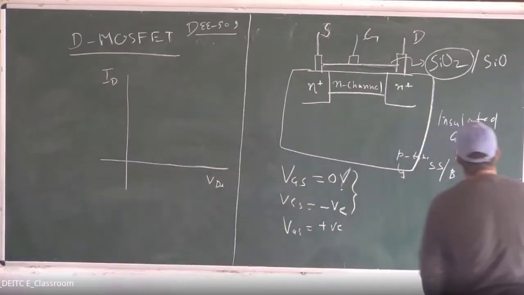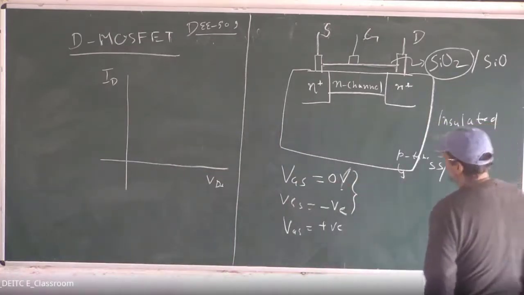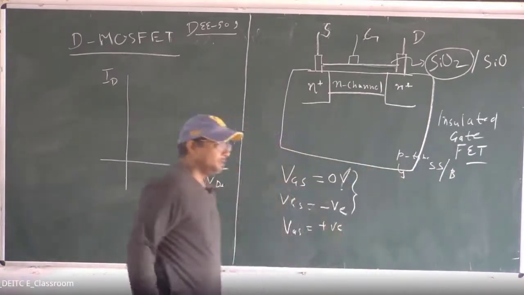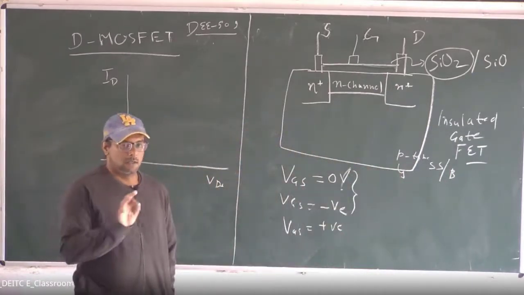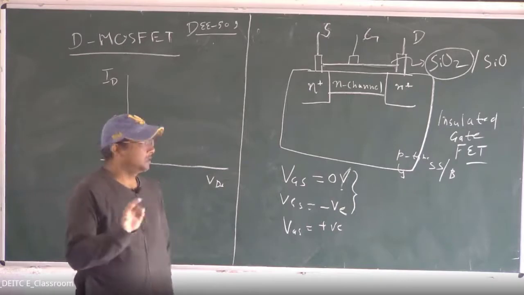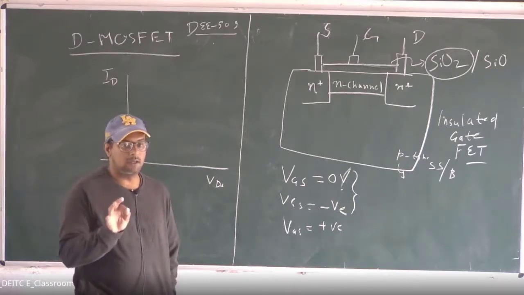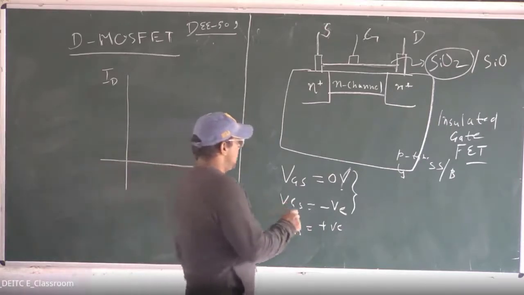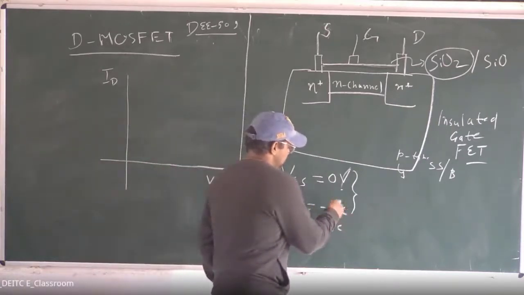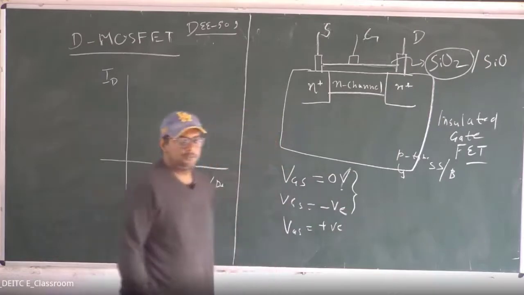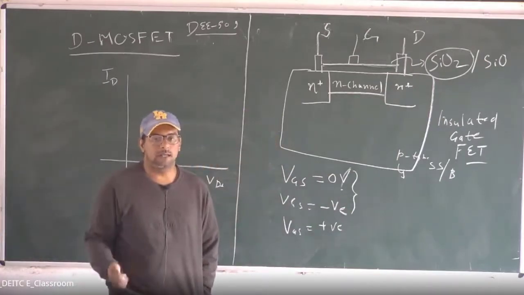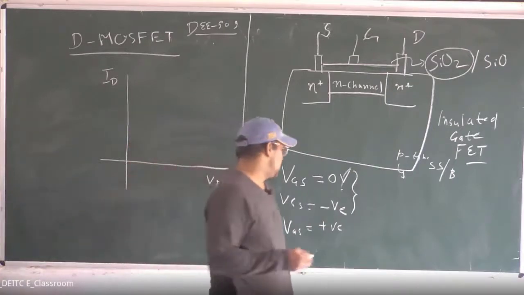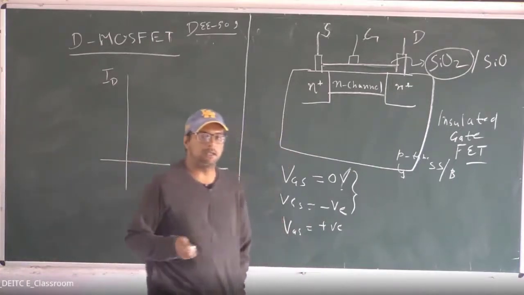So let us recapitulate. When VGS equal to 0 volt, first let me make one more difference between the JFET and MOSFET. In the JFET, we cannot apply a positive voltage. When we are using an N-channel JFET, then we cannot apply a positive voltage between the gate and source.